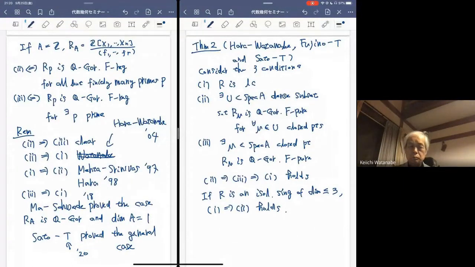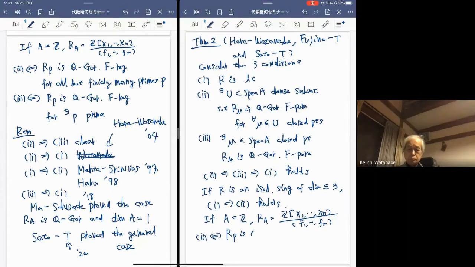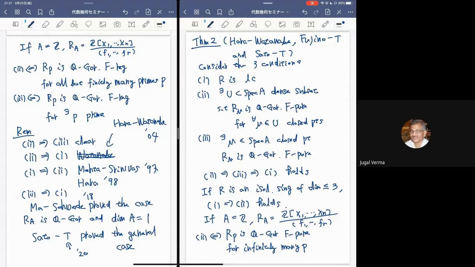Let me give one remark. If A is equal to Z and R sub A is the quotient of a polynomial ring over Z, in that case, the second condition is equivalent to saying R_P is Q-Gorenstein F-pure for infinitely many P. There's a question from Kaushik whether U is dense in the maximal spectrum.